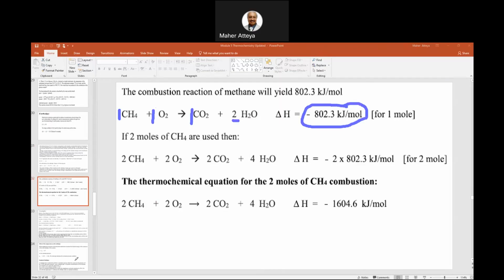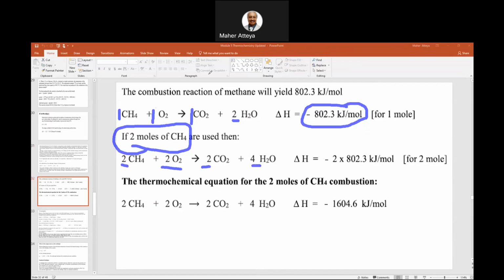However, if you are asked how much heat 2 moles of methane will produce, you have to multiply everything by 2, because the balancing of the chemical equation will change. This is 2, and 2, and 2, and 4, correct?